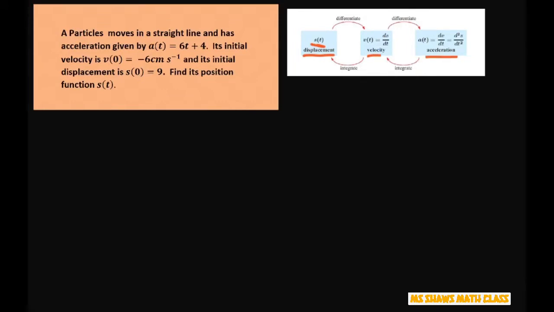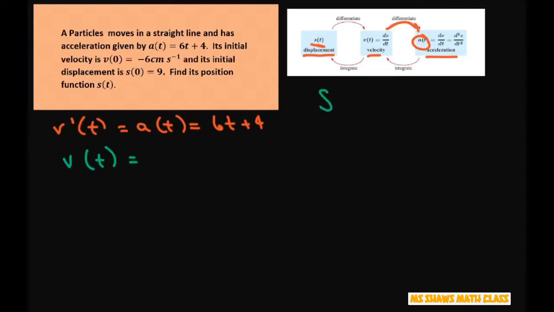So since we're starting with a of t, we know that the derivative of the velocity v of t is equal to a of t. And our a of t is 6t plus 4. So to get v of t, let's just do the integral of a of t dt.